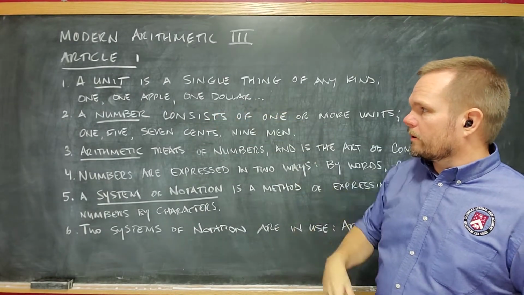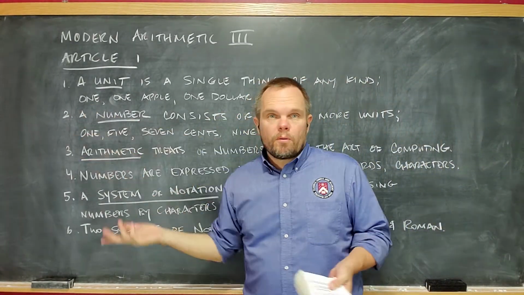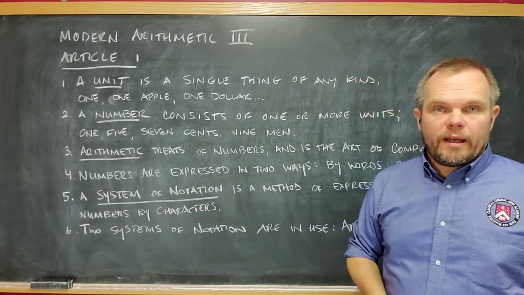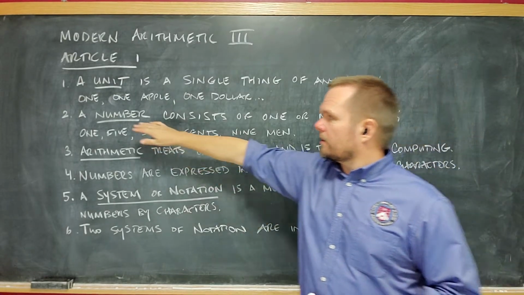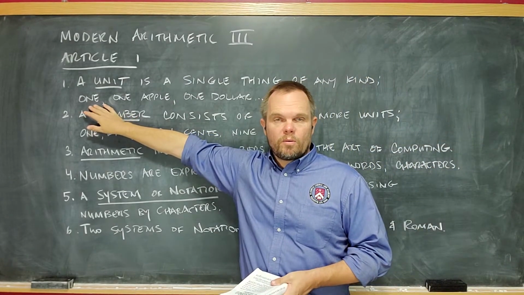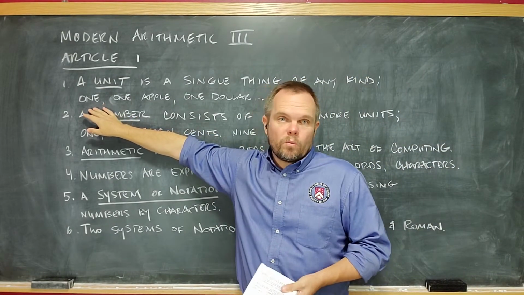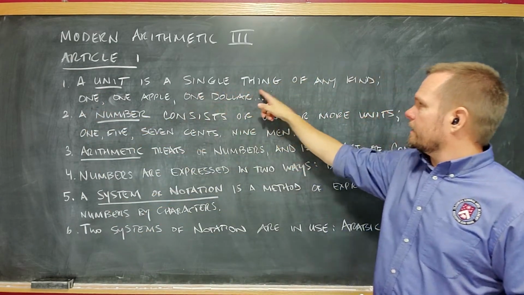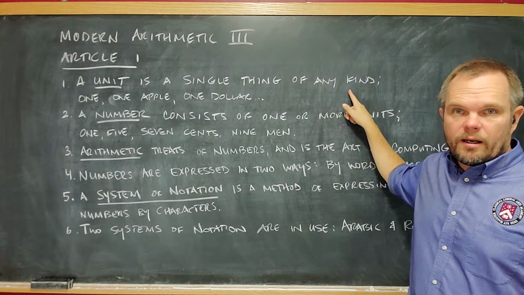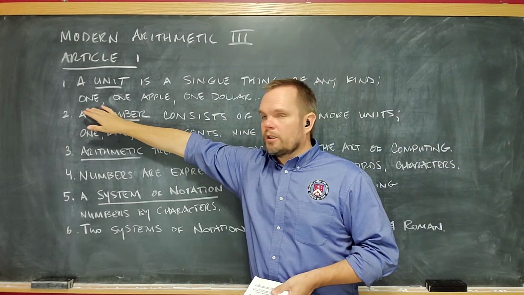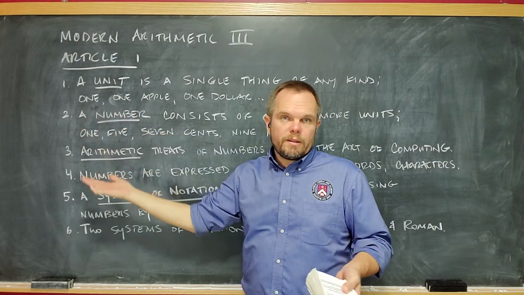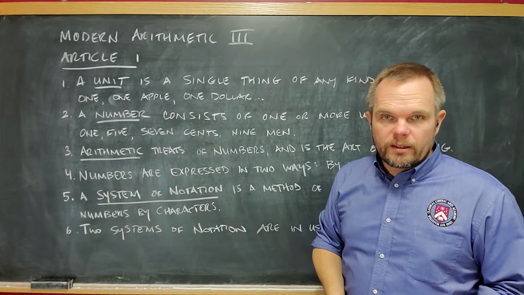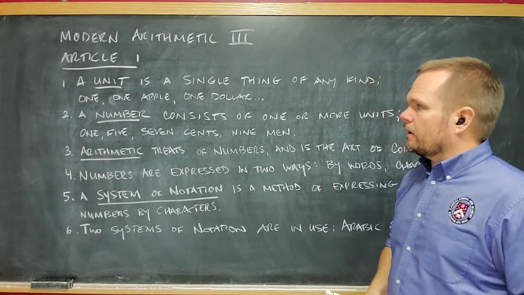The first example is the number 1. 1 refers to one thing of any kind. It doesn't tell us what kind of thing we're talking about. It just says 1. But the definition of a unit is a single thing of any kind. So when we just use the number 1, we're speaking of a unit. We're just not stating what the unit is.